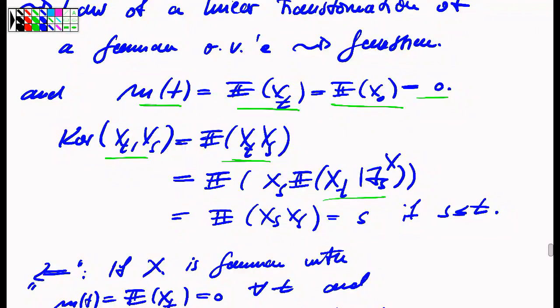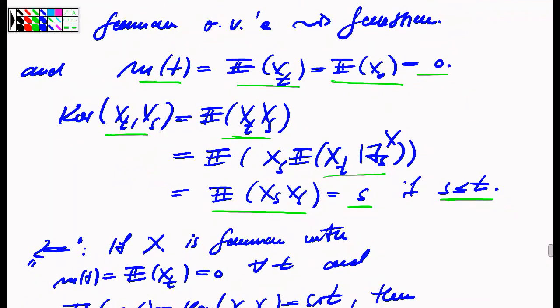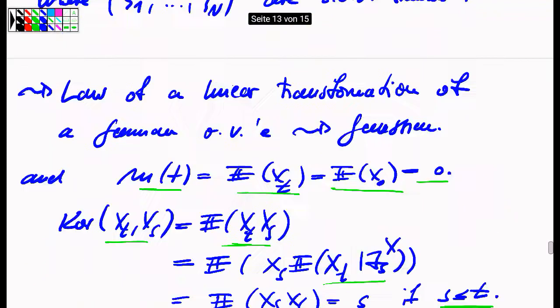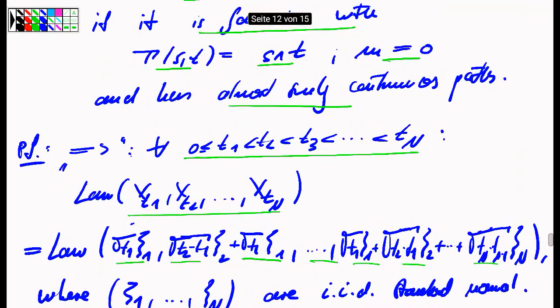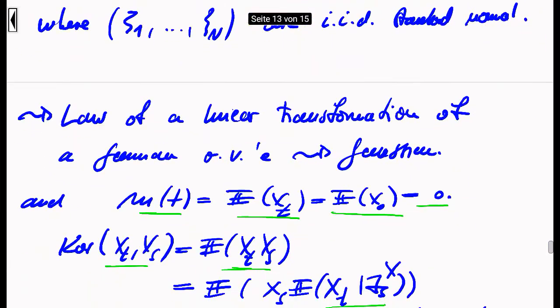This is Xs, so the expected value of Xt times Xs is just the expected value of Xs squared, which is the variance of Xs, and by definition of Brownian motion, this is just s. So we see that the covariance of Xt and Xs is just s if s is smaller or equal to t. This shows that a Brownian motion is in fact a Gaussian process with the given covariance and expected value function, and of course it has continuous paths by definition.